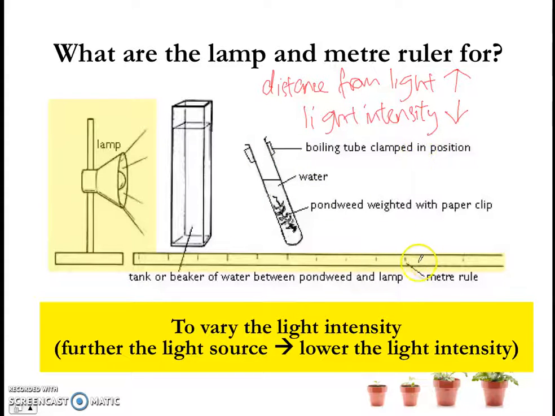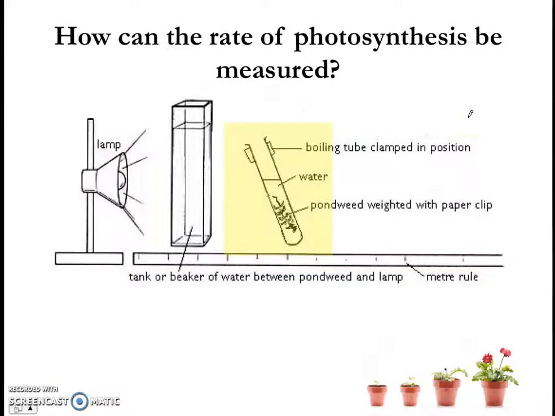And the meter ruler just allows me to measure how far the plant is from the lamp. So that lets me conduct my experiment. I can put the plant very near the lamp, measure the rate of photosynthesis, then put it at different distances away from the lamp, and measure the rate of photosynthesis at different distances.